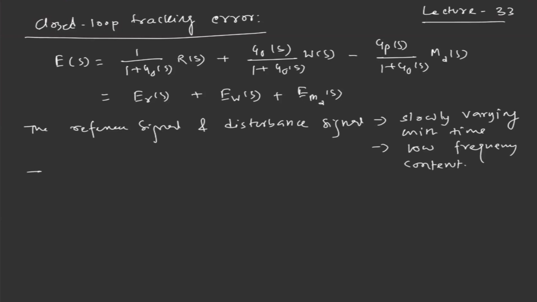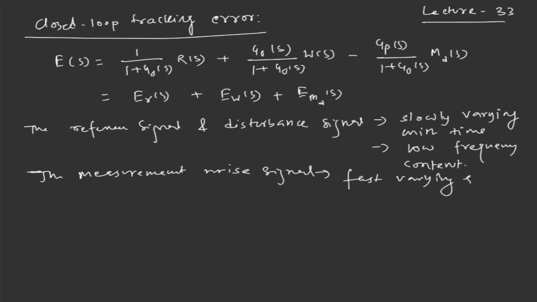And the measurement noise signal basically varies with time very fast. Right? A fast varying signal, or we can say it has high frequency content.